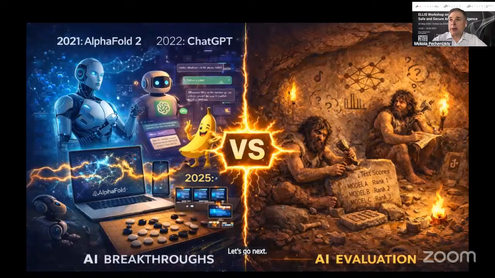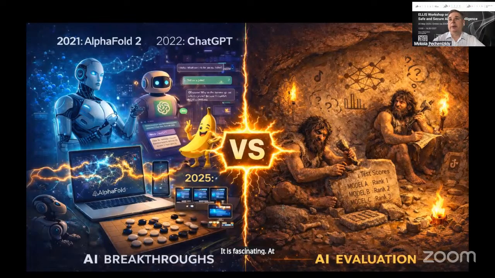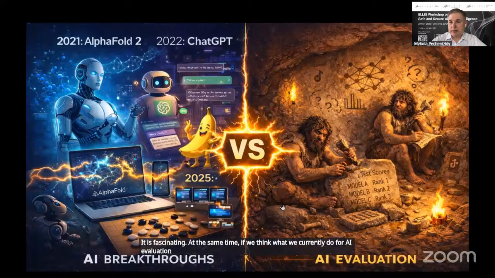However, I would like to draw attention that if we look into how far we progressed with development of AI techniques and AI-based systems, it is fascinating. At the same time, if you think what we currently do for AI evaluation, someone can say we still live in a Stone Age. We still primarily think about benchmarking as a secondary data analysis, where data has been collected for something else and we repurpose it for AI evaluation.